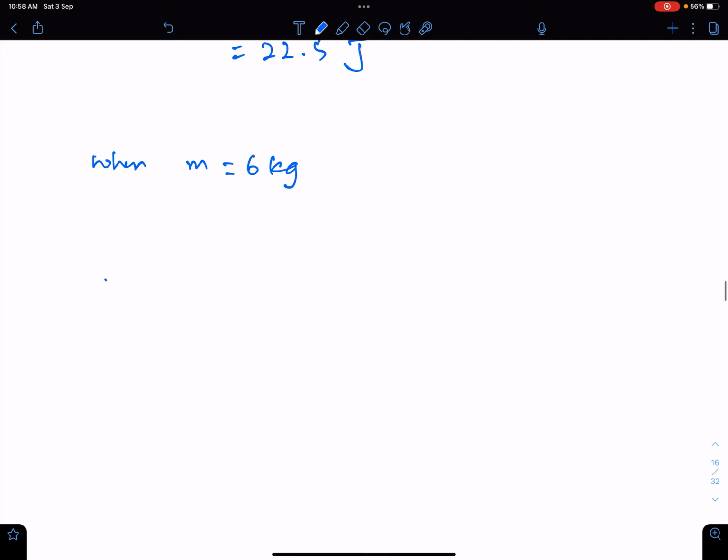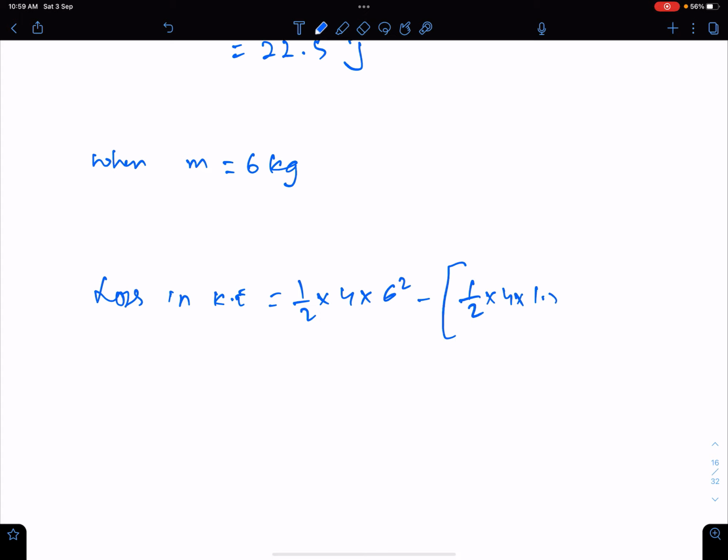So the loss in kinetic energy: kinetic energy initial, which is half into 4 into 6 square, minus the kinetic energy of A, which is half into 4 into 1.5 square, minus the kinetic energy of B, which is half into its mass 6 into its velocity 3 square.